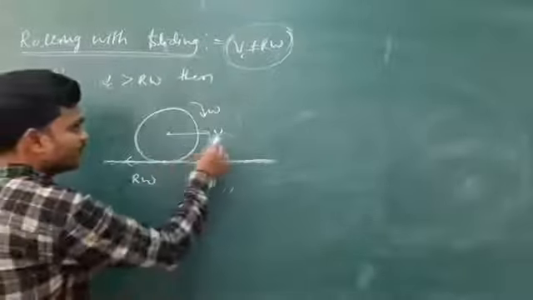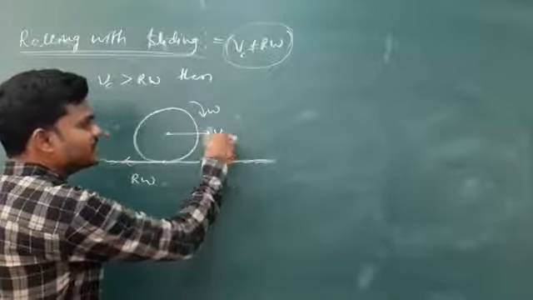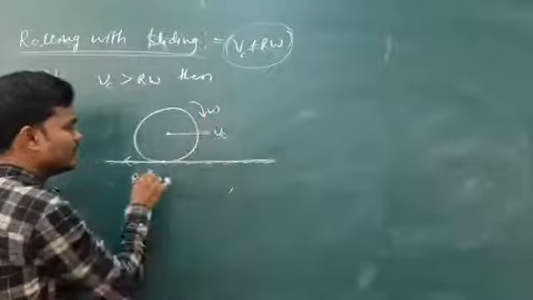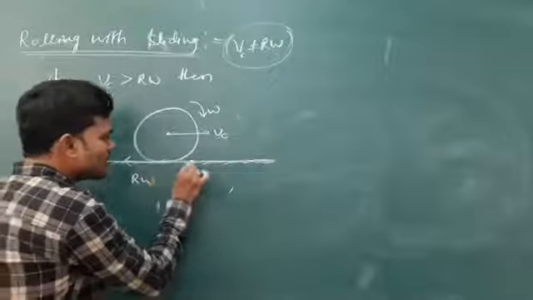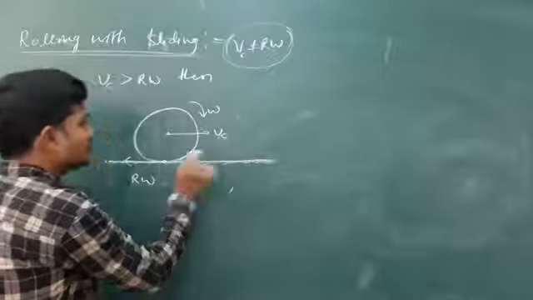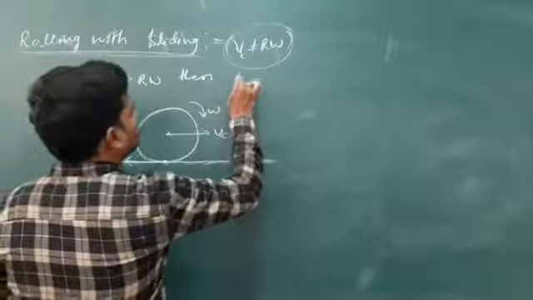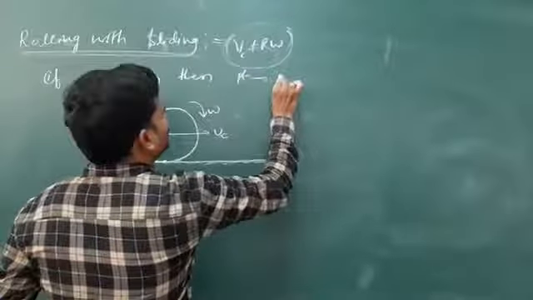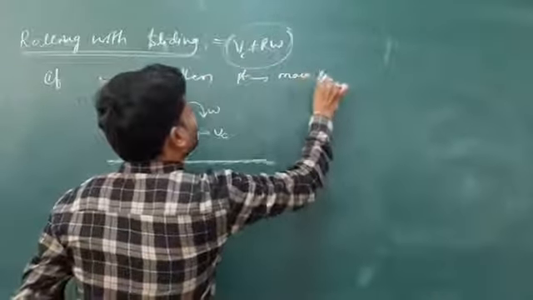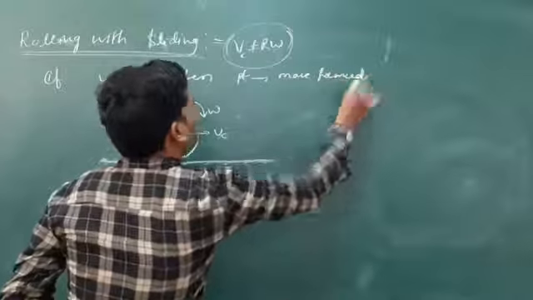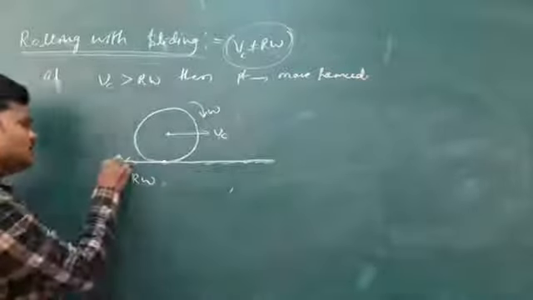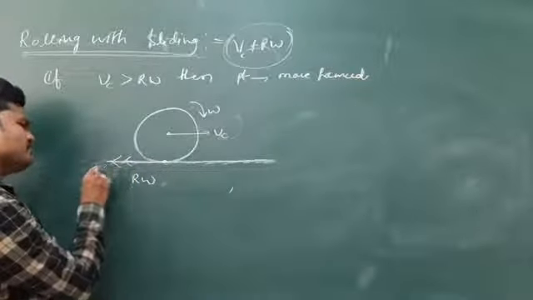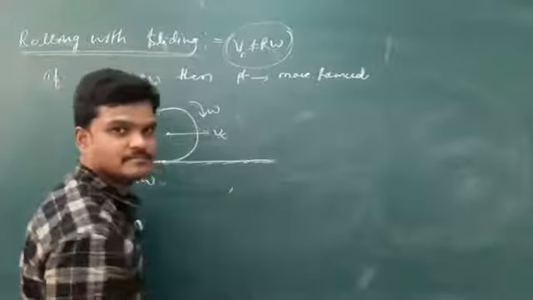Here, if this linear speed is more than r omega, then the point of contact will slip forward. As the point of contact moves forward, then no doubt the frictional force acts backward.